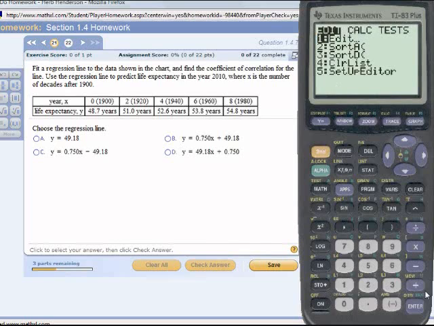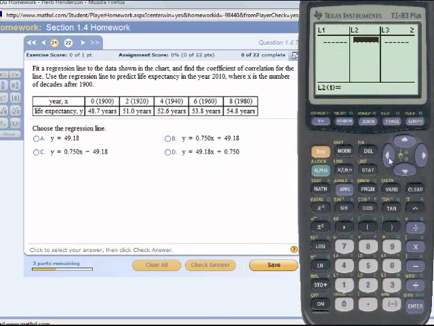You click on Edit. And here's L1 and L2. L1 is going to be the X information. They've given you years here. And you never put years actually in your calculator.